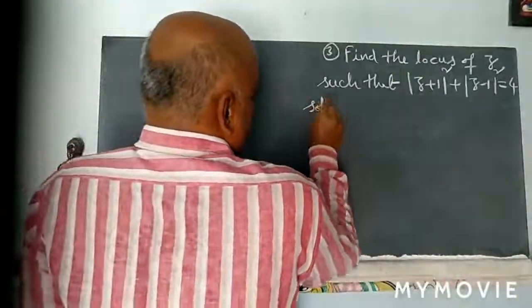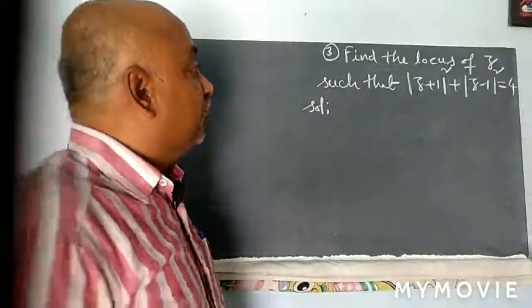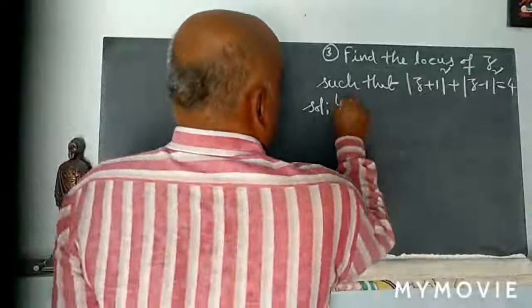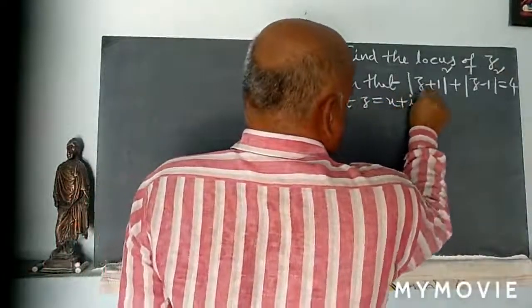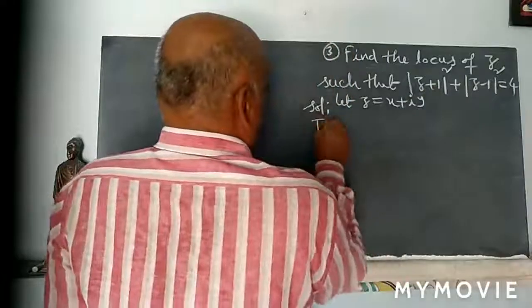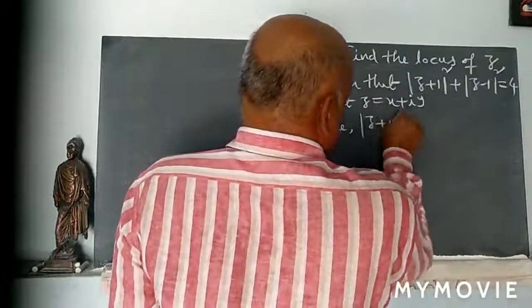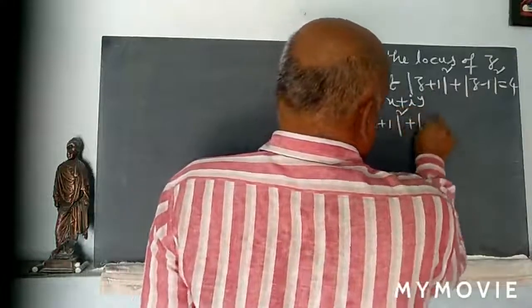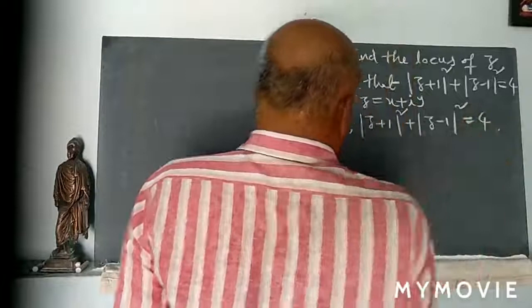Solution. The procedure is similar to the earlier problem. Let z equal x plus iy. Now take |z+1|² + |z−1|² = 4.